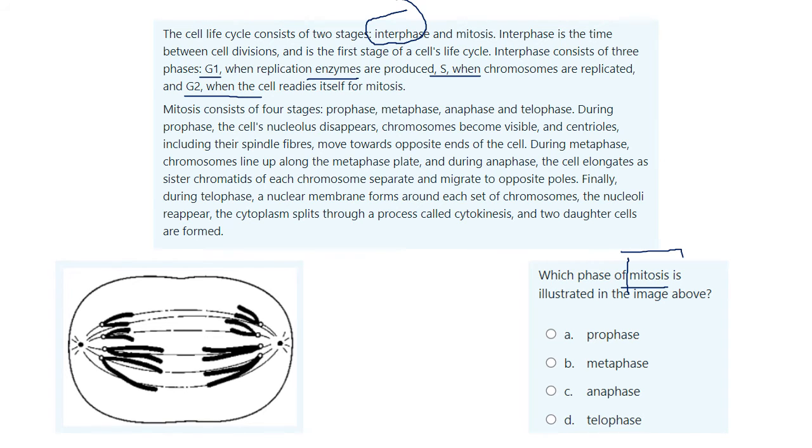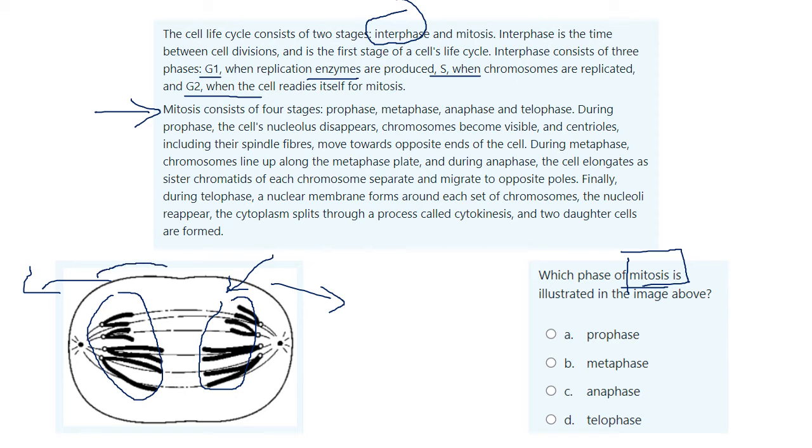The question is asking you about mitosis, and mitosis starts with paragraph 2. Mitosis consists of 4 stages: prophase, metaphase, anaphase, and telophase. During prophase, the cell's nucleus disappears. It's true that there is no nucleus in this diagram, but we can see that there are chromosomes or chromatids on each side of the cell, and the cell's kind of got this shape in the middle.